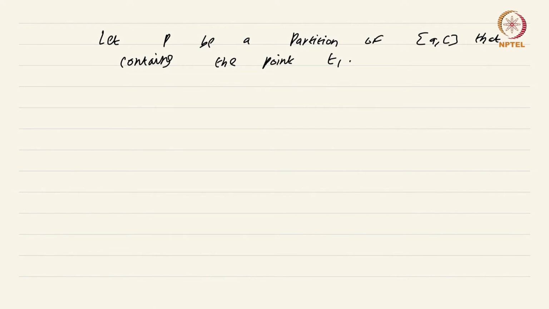Then it's clear that, let me make a slight change. Ultimately, what is it that I want to prove? I want to show that s of t is greater than s of c. So let P be a partition of [a, c].